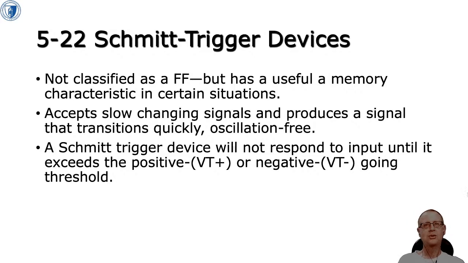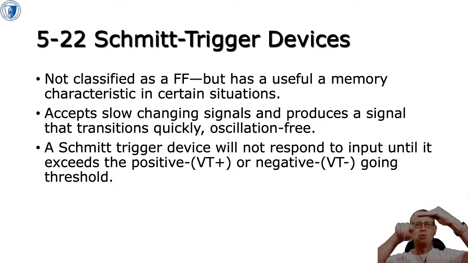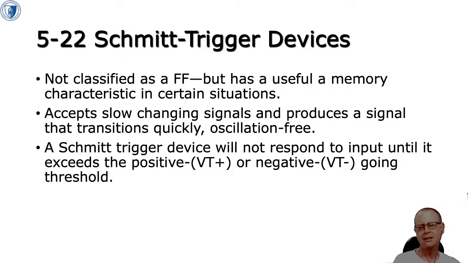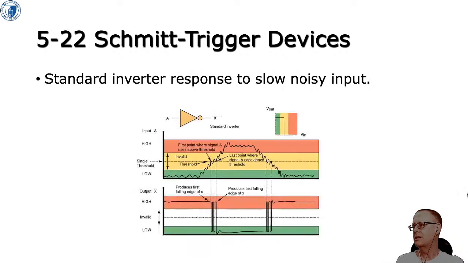So you only go to the positive value, to the logic 1, once you go through that top threshold, and you only go to the logic 0 when you go through that bottom threshold. And another way to think about this is the idea called hysteresis, right? Hysteresis shows up in a lot of stuff, particularly when you're trying to reduce noise, or the effects of noise.